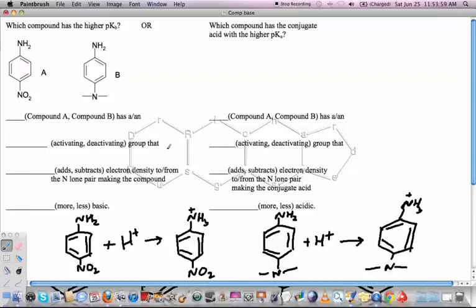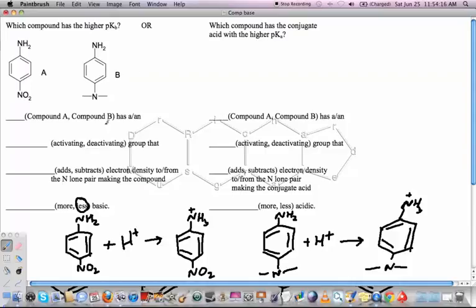Alright, so now we're looking at the first one. It says higher pKb. Now higher pKb means the one that is the weaker base. So we're looking at the less basic here. If we were looking for lower pKb, that would be the more basic one.